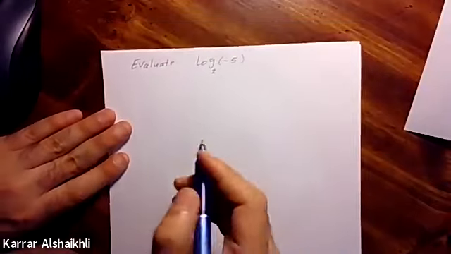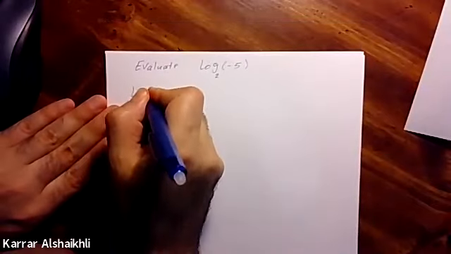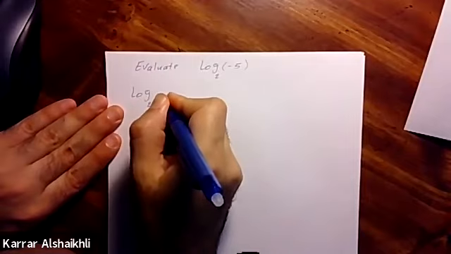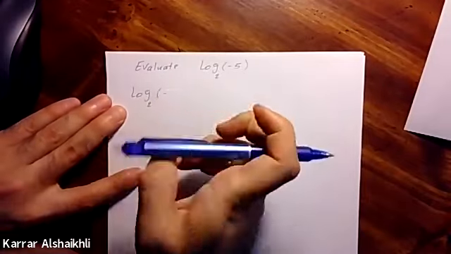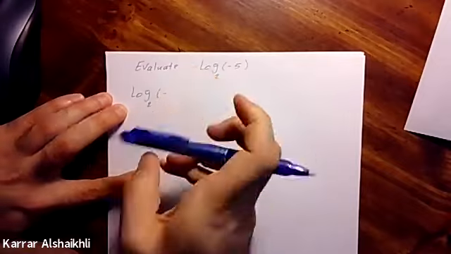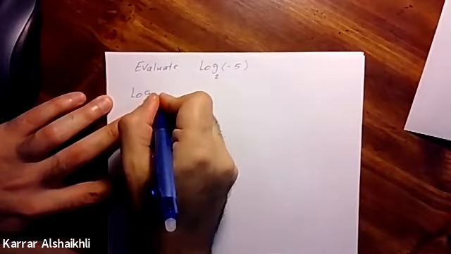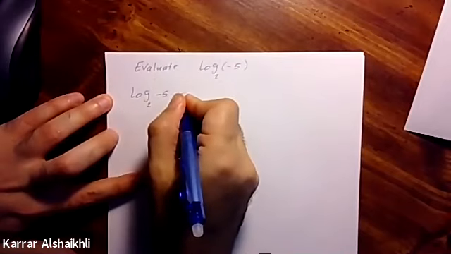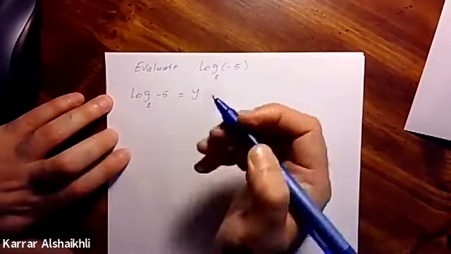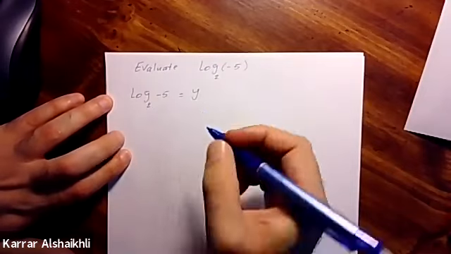So what we're going to do, I'm just going to say log to the base 2 of negative 5. You don't have to put parentheses. Equals y. So this is the logarithm form.